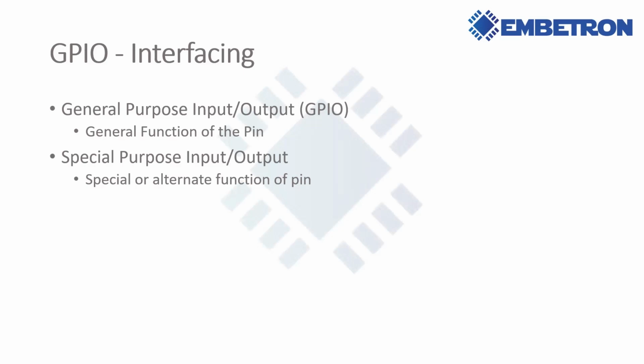So for example, a particular pin could be used as a transmit or TX pin for UART communication, or a particular pin can be used for RX or receive of the UART protocol. So this is a simple example of a special purpose IO pin. It has multiple purposes, and the programmer has to decide or configure at the beginning for what purpose that particular general purpose IO pin will be used.